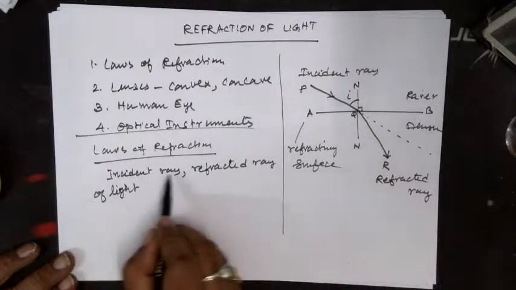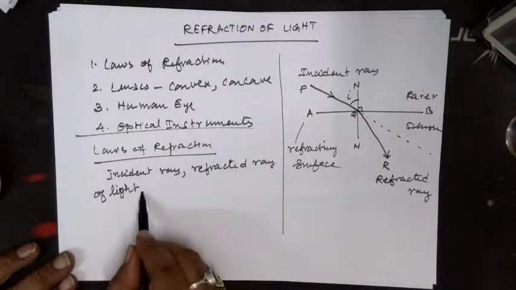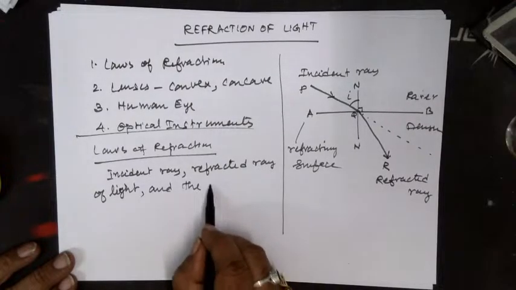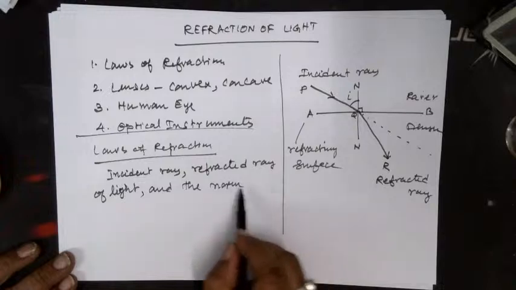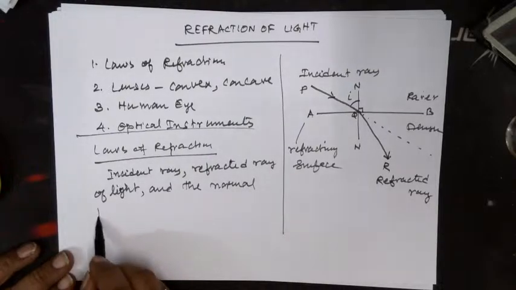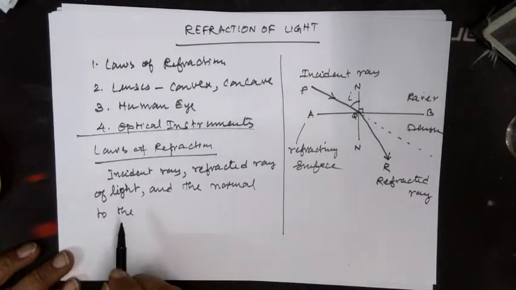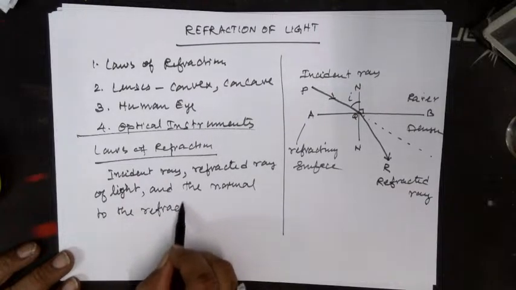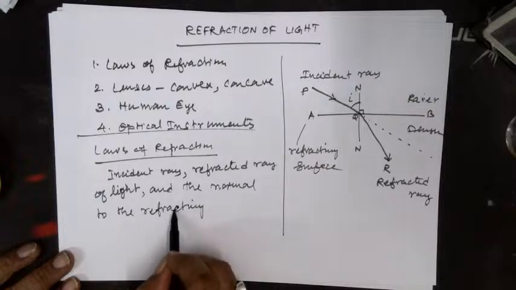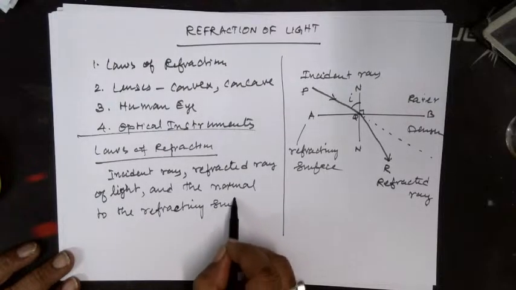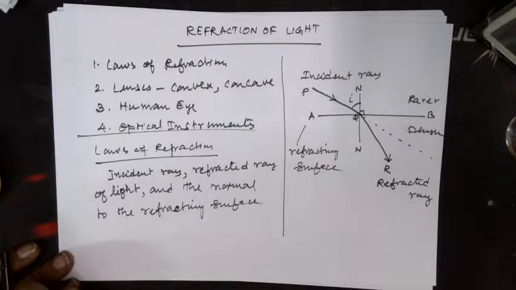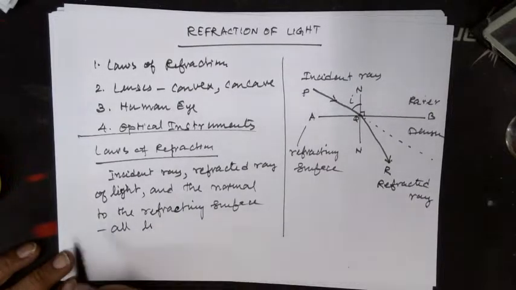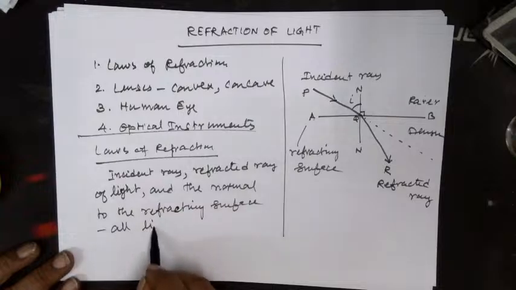So the incident ray, refracted ray of light, and the normal, meaning 90-degree hypothetical line normal to the refracting surface, all lie in the same plane.